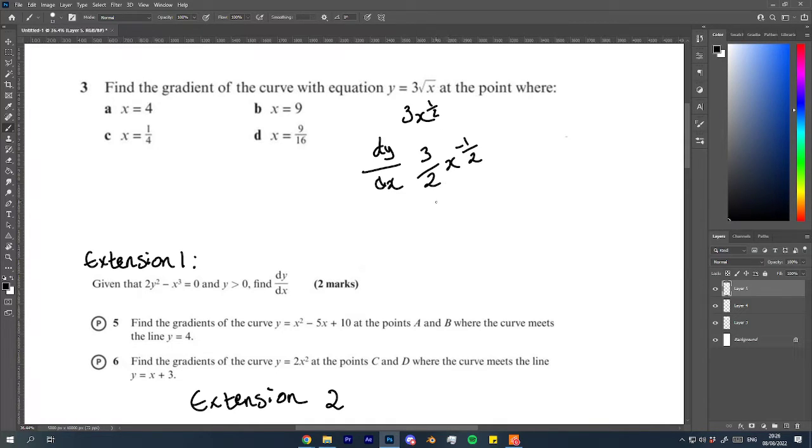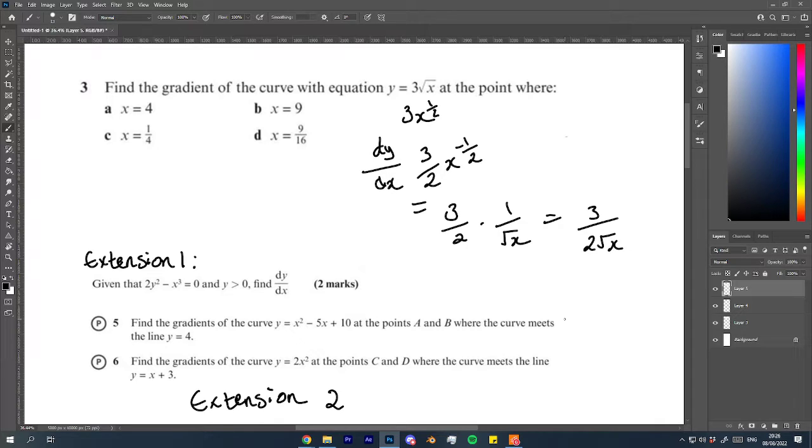I'm just going to rearrange that to a nicer looking thing. I believe that is right.